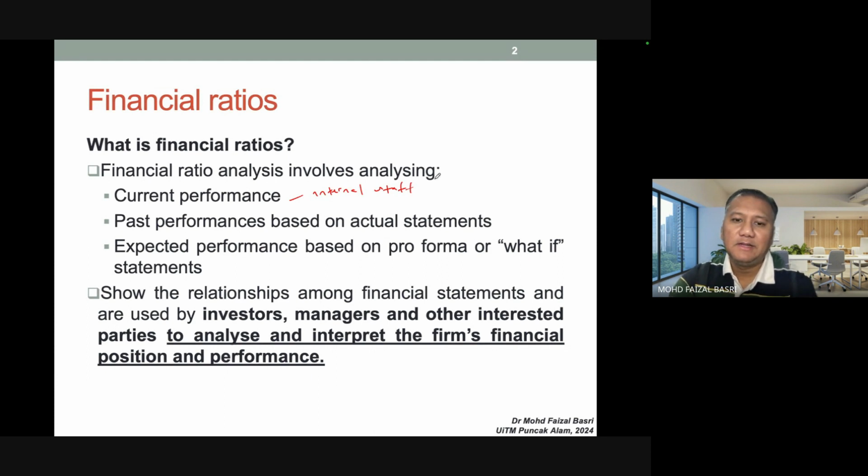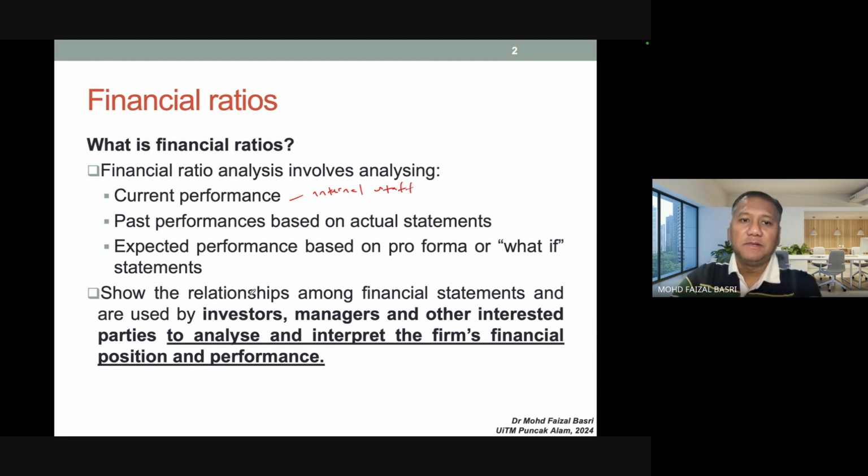The raw data comes in the form of balance sheet and income statement. Based on current performance, this information is not available to the public. It is usually only available to internal staff, so only internal staff will use current performance financial ratios.